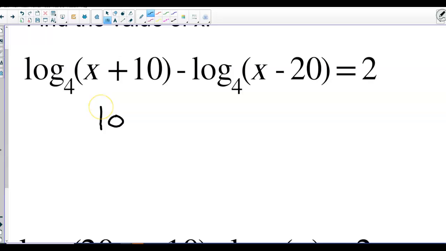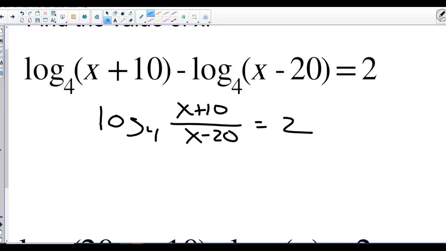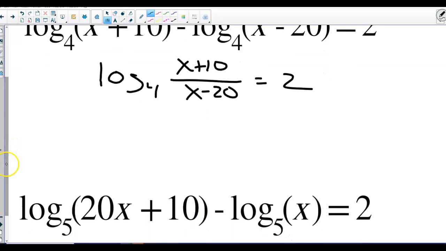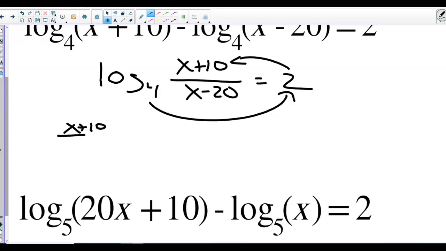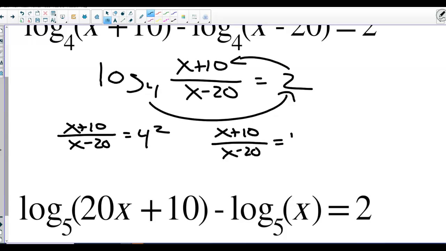Same deal. Log base 4, x plus 10 over x minus 20 equals 2. 4 to the 2 equals this. So x plus 10 over x minus 20 equals 4 squared. X plus 10 over x minus 20 equals 16.